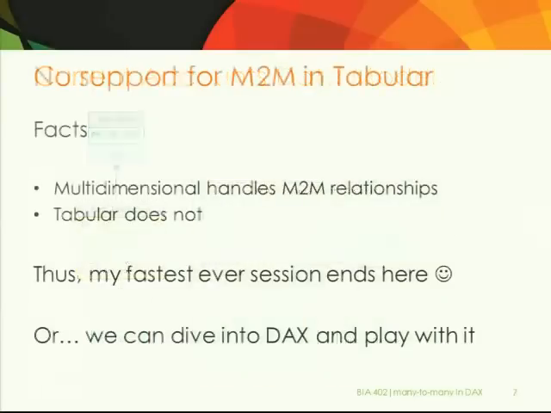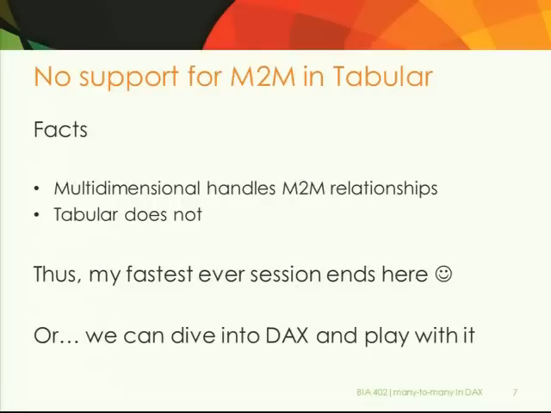So we need many-to-many. In tabular, there is no support for many-to-many, and this is the sad fact of life. Multidimensional has the many-to-many kind of relationship. You can have dimensions and create a bridge table inside and have the many-to-many relationship, which is hard to use, but it can be done. In tabular, there is no support at all for many-to-many.